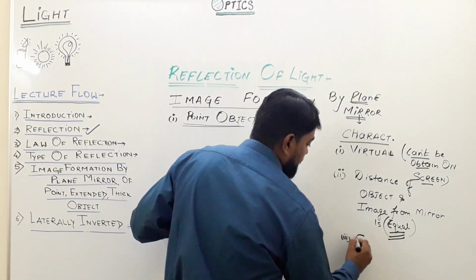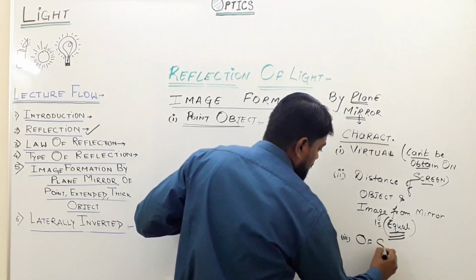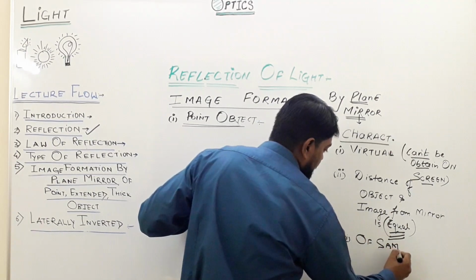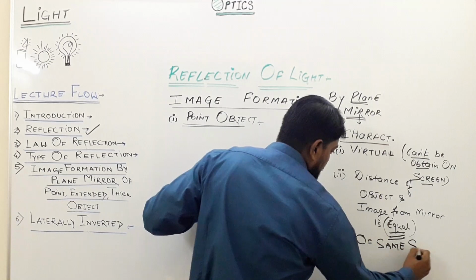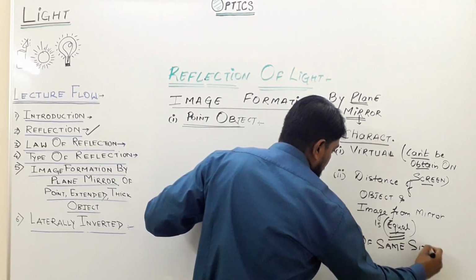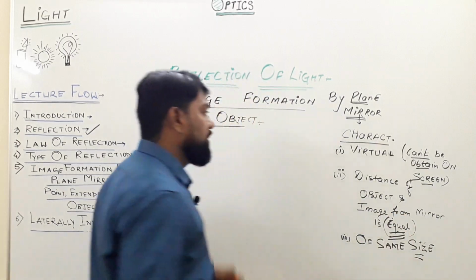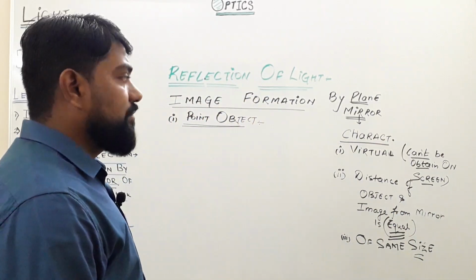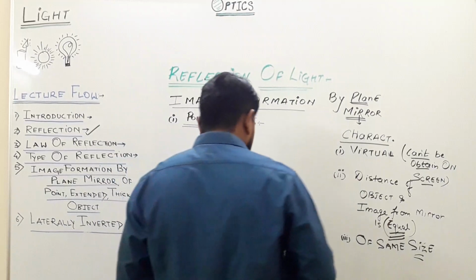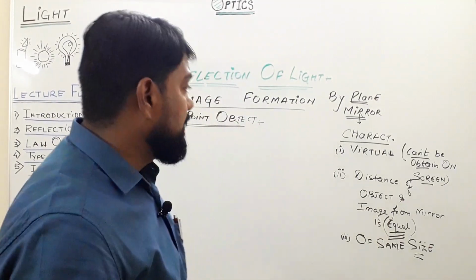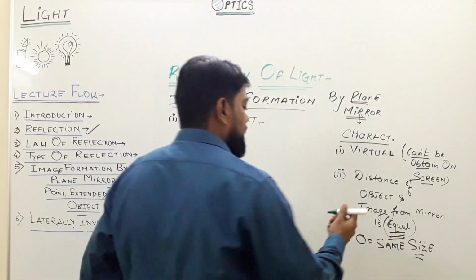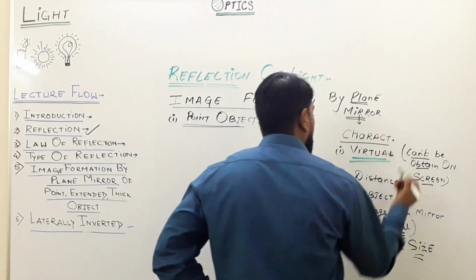So these are the characteristics of the image formed by the plane mirror. Firstly, the image formed by the plane mirror is virtual.